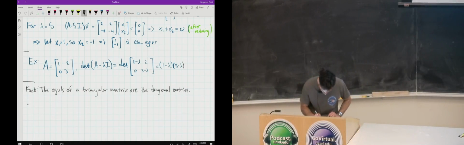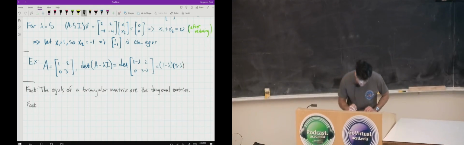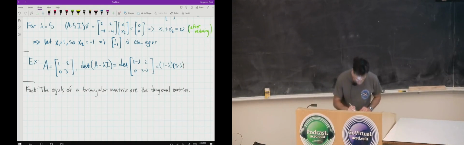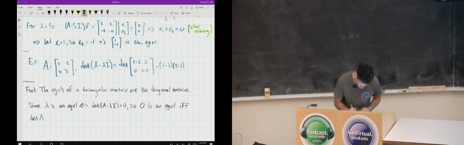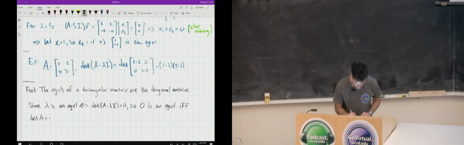And here's another fact. Or, in fact, sorry, let me write something first. Since lambda is an eigenvalue if and only if the determinant of A minus lambda I is 0, 0 is an eigenvalue if and only if, well, if lambda equals 0, I'm just left with the determinant of A equals 0, which we already know.